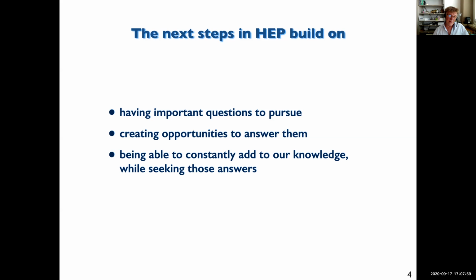So our next steps build on having important questions to pursue and creating the opportunities to answer them. But at the same time, as we go through this search for new physics, perhaps, we also want to be able to continuously add to our own knowledge, even in the context of the physics that we already know.